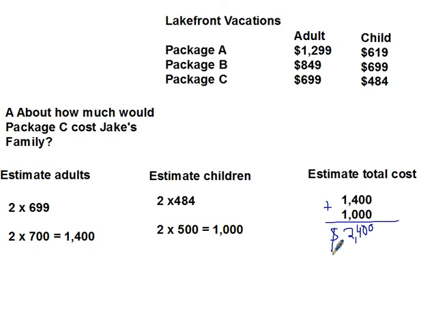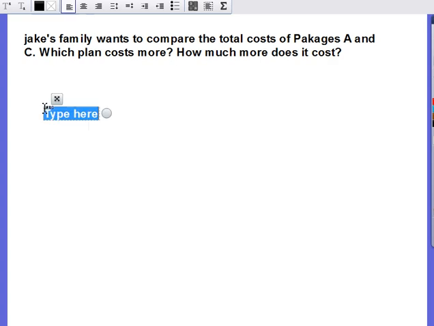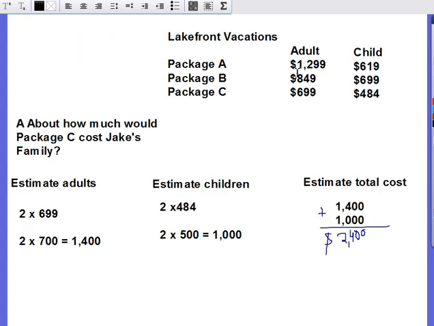So now let's come to the next part, which is part B on your paper. Part B is Jake's family wants to compare the total costs of packages A and C. Which plan costs more and how much more does it cost? Okay, so I'm going to start over here with package A. And if we look back here at package A, adult is $1,299 and child is $619.